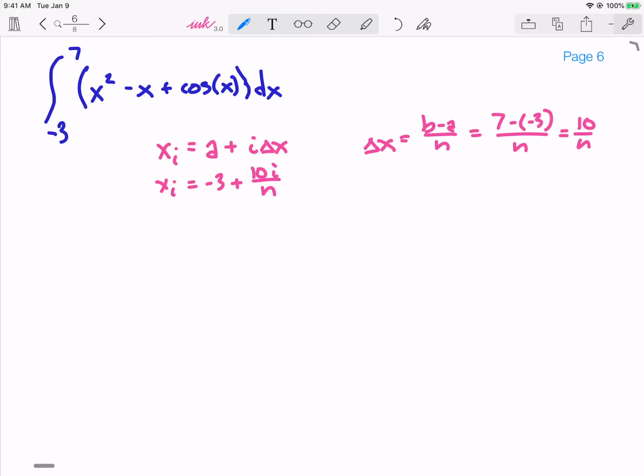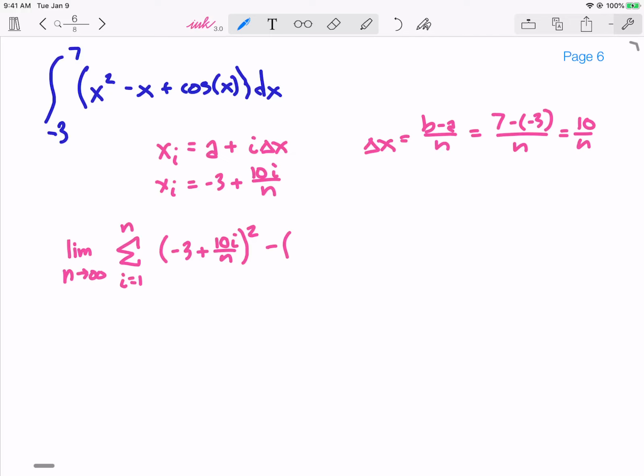So now I need to rewrite as a limit as n goes to infinity, because I want infinitely many rectangles that are infinitesimally small in their width. I do the limit of the summation from i equals 1 to n. Remember, n is going to be ultimately taken to infinity from a limit of f of x sub i. So I need to replace x squared with -3 plus 10i over n, square it, minus x.